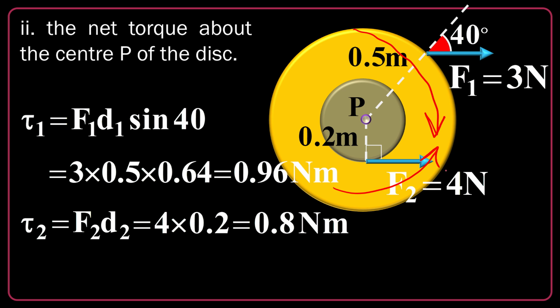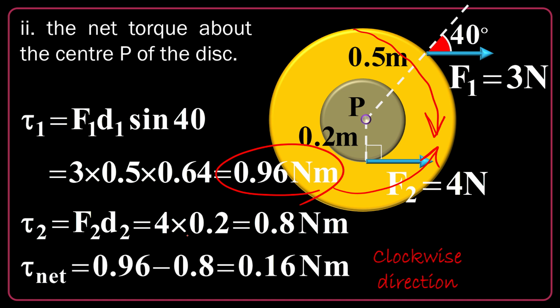So they partially cancel the effect of each other. Not fully cancel, because this is larger. So the clockwise torque is larger, so it will overcome, and the total net torque acting on the system will be 0.96 minus 0.8. However, it is clockwise because the clockwise torque is larger.